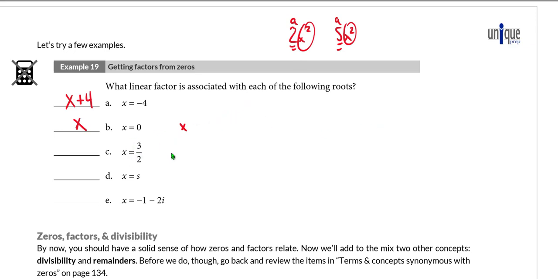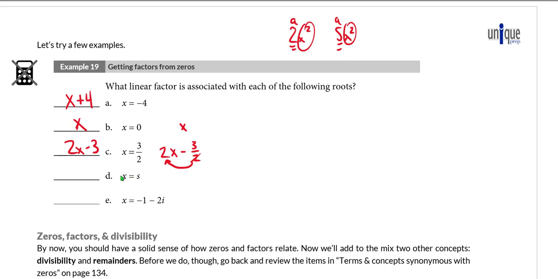For x equals 3/2, I believe we did this exact example on the previous page. I'm going to switch the sign on the 3/2, swing that 2 up in front of the x and then get rid of it, so I have 2x minus 3 here.